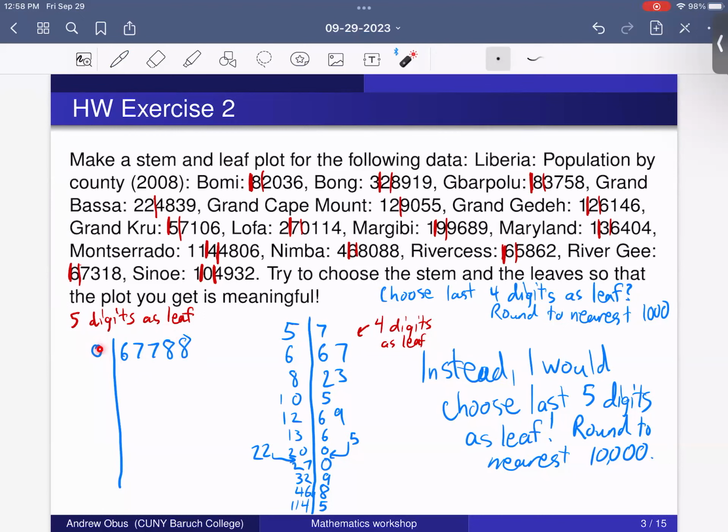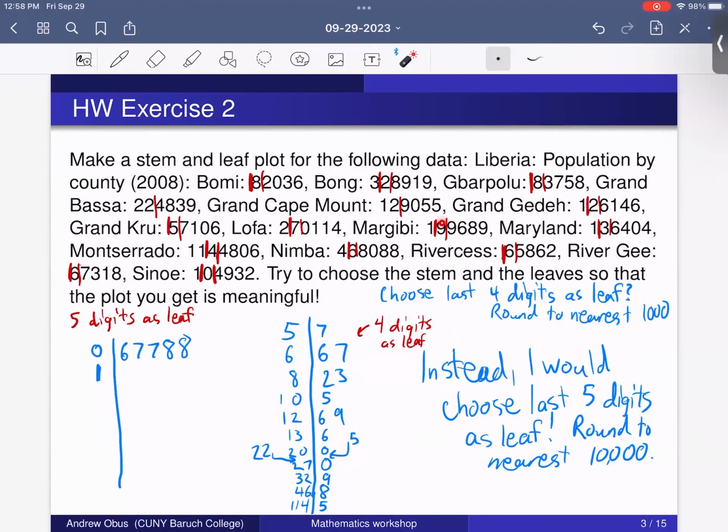Okay. Now I have the stem of 1, and that's going to get me Grand Gede and Maryland and Grand Cape Mount and Sino, and I guess probably not Margibi because that's going to round up to 200,000 eventually.